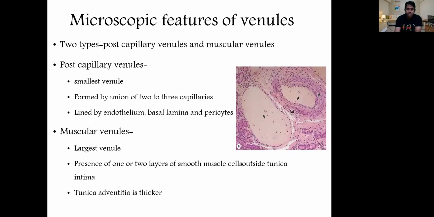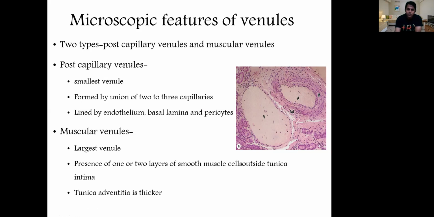That's it. Let us come to the last point, the microscopic feature of the venule. They are divided into two types, post-capillary venules and muscular venules. They are nothing but the smaller venules and larger venules. Muscular ones are the larger and the post-capillary ones are the smaller venules.